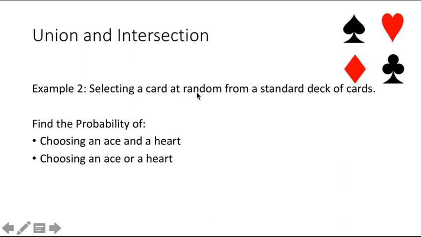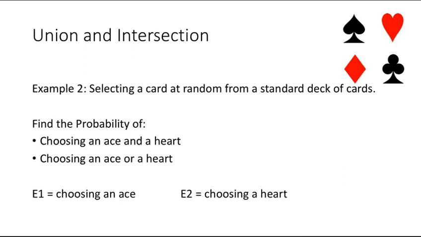Suppose you are selecting a card at random from a standard deck of cards. You want to find the probability of choosing an ace and a heart, and then separately choosing an ace or a heart. These are two different questions. So we're going to call event 1 the event that we choose an ace, and event 2 is choosing a heart.